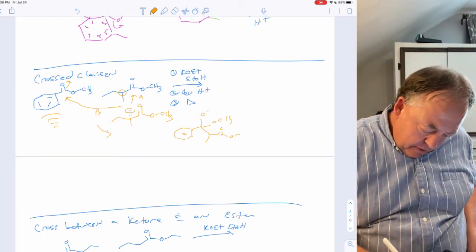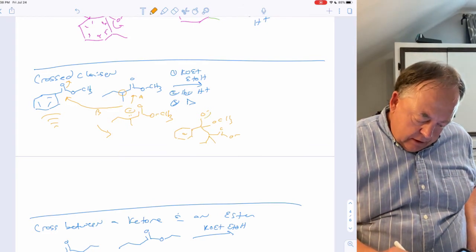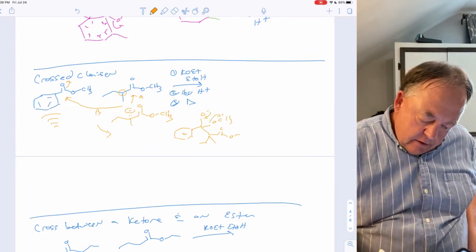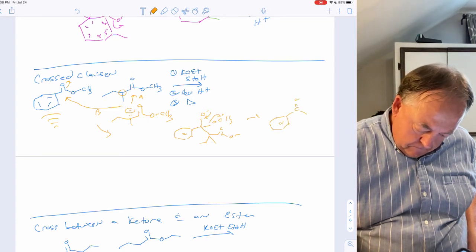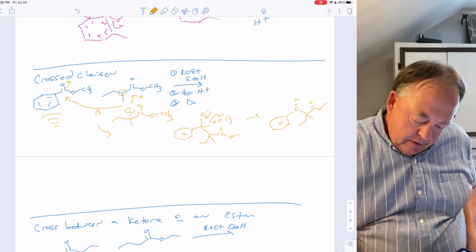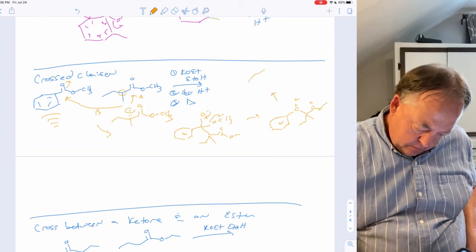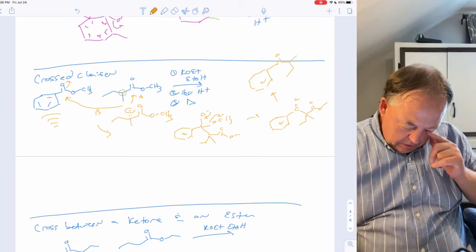So that has an ethyl and a methyl on that carbon. And then remake the C double bond O, kick off that. And then hydrolyze and decarboxylate. And that would be your product.